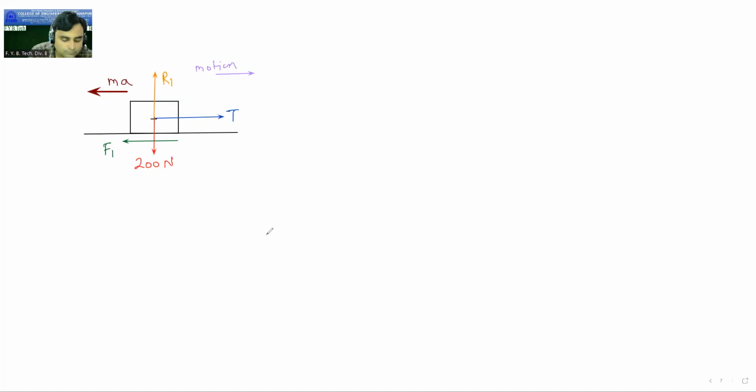Now if I apply summation Fy equal to 0, then R1 minus 200 is equal to 0. Therefore, R1 is equal to 200 Newton. Once we know R1, we can calculate F1 because the value of mu is also given, mu is 0.3.